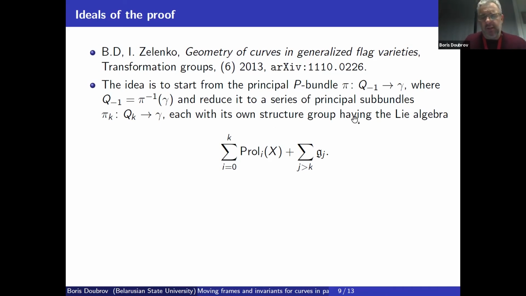And to control it, to have an understanding of how large our structure group would be at each stage, this is the Lie algebra that corresponds to the structure group. At each step, we take the first prolongation of X up to degree K, including degree K, and then we take all elements from G of degree higher than K. So this Lie algebra is becoming smaller and smaller, and it descends to the non-negative part of the prolongation when K becomes infinitely large.